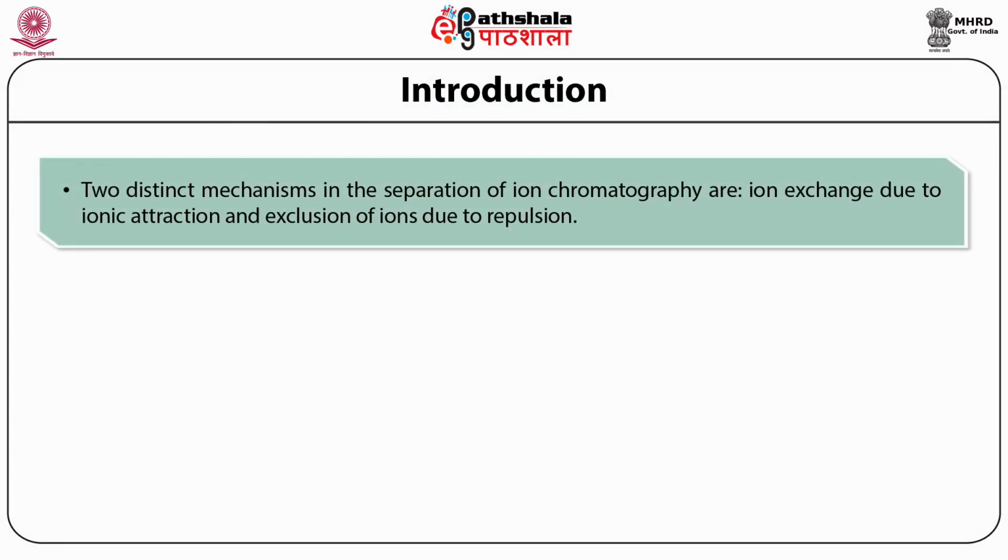Two distinct mechanisms operate in ion chromatography: ion exchange due to ionic attraction, and exclusion of ions due to repulsion between similarly charged analyte ions and the ions fixed on the chromatographic support.